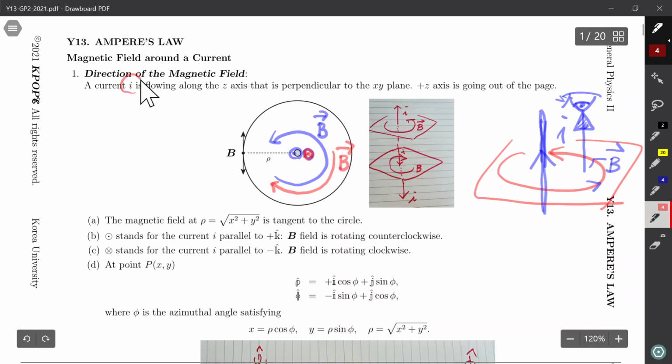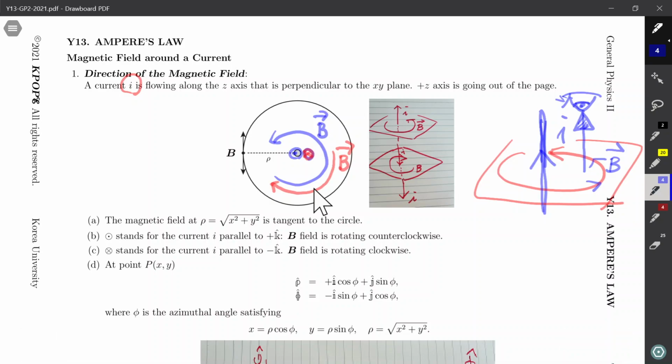Current I is flowing along the z-axis, perpendicular to the xy plane. If it is going out of the page, plus z, then the magnetic field is counterclockwise, and when it enters into the page, then the magnetic field is clockwise.